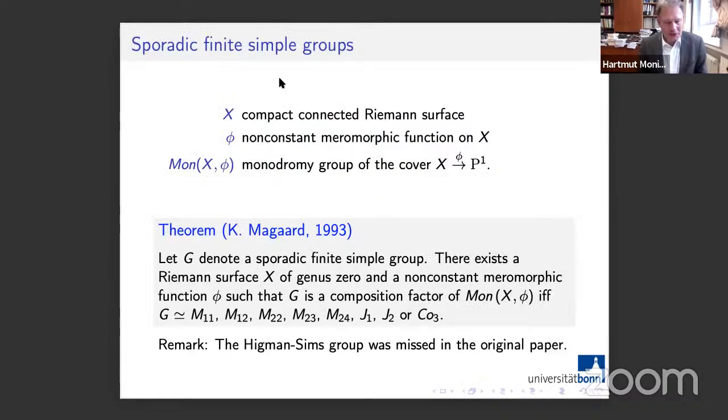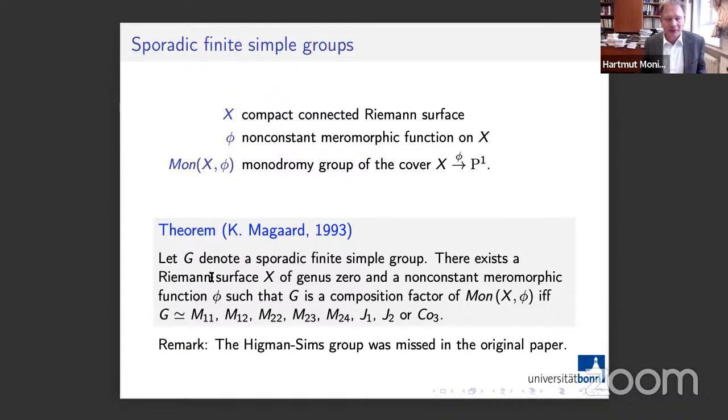So I start again with this theorem by Kay and Magaard. I will also repeat some of the stuff I said last time so that you can connect it now. X is a compact connected Riemann surface, phi is a non-constant meromorphic function on X, and the monodromy group is that of the cover X to the projective line.